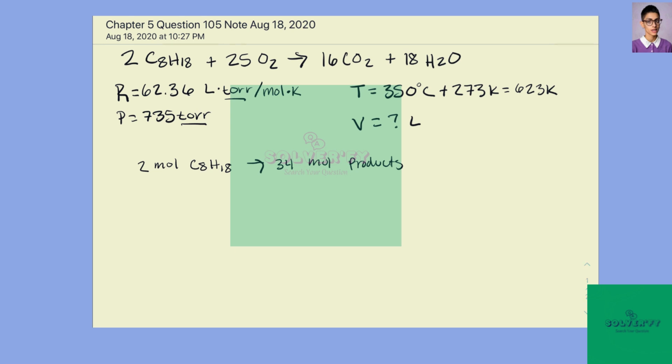Both CO2 and H2O in this equation are gas, and we have 16 moles of CO2 and 18 moles of water. So this means that for every 1 mole of octane, we get 17 moles of products.